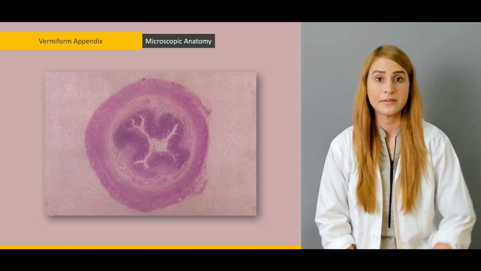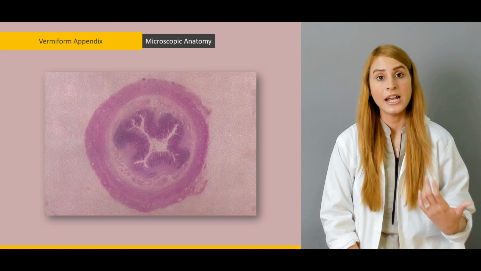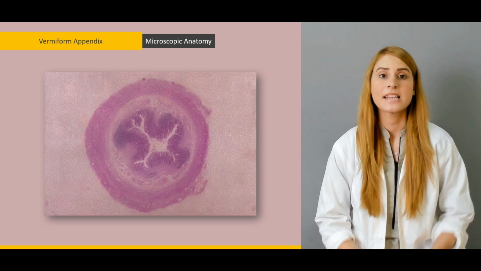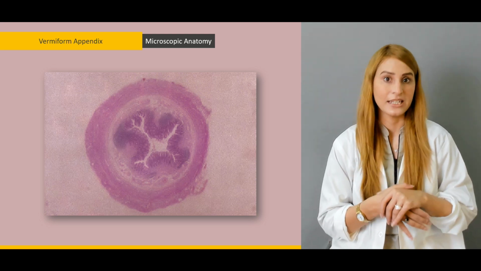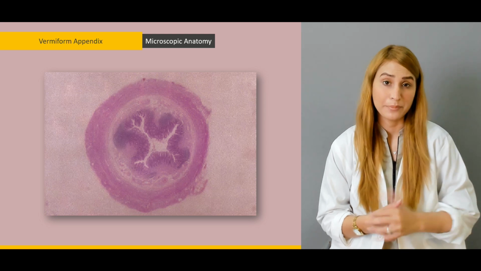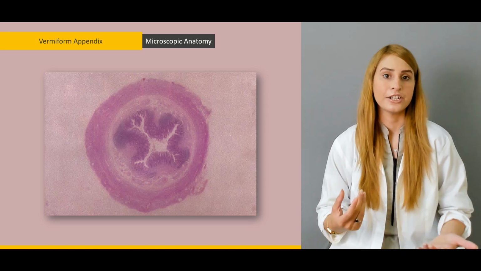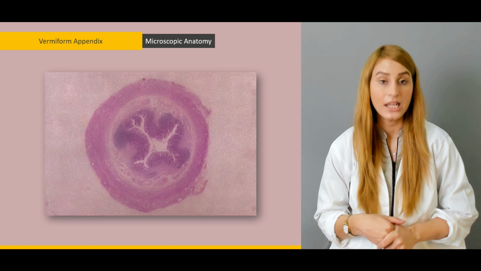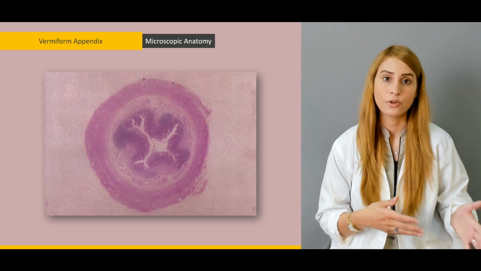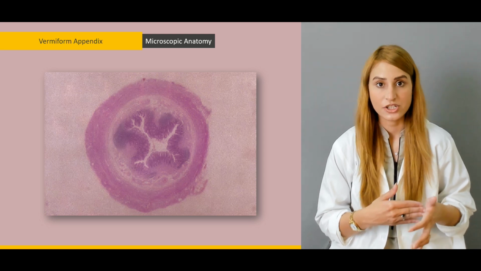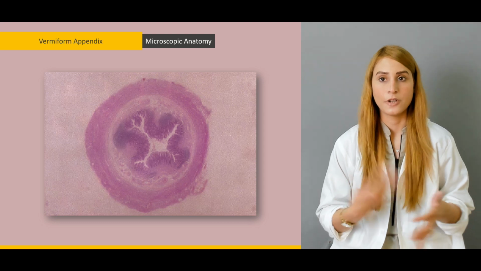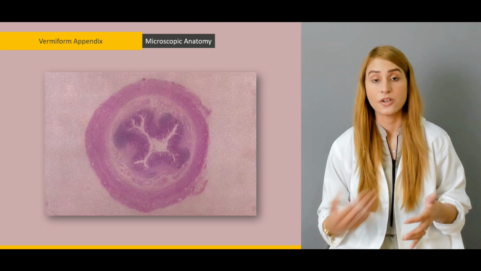Then, if the lumen gradually goes on getting narrow, there is ultimately gangrene, the appendix gets perforated, and this perforation leads to peritonitis as well. So this is the sequence, starting from the bacterial or viral infection, leading to lymphoid hyperplasia and obstruction of the lumen.